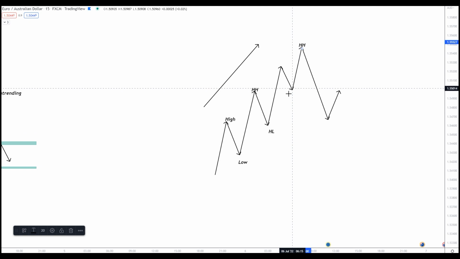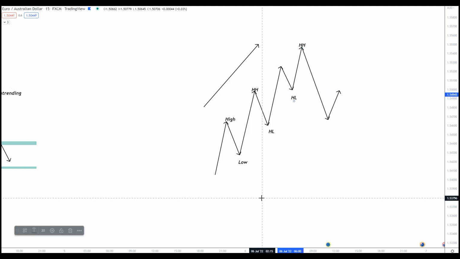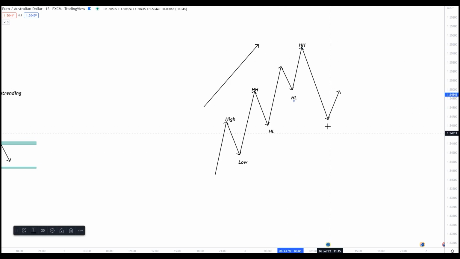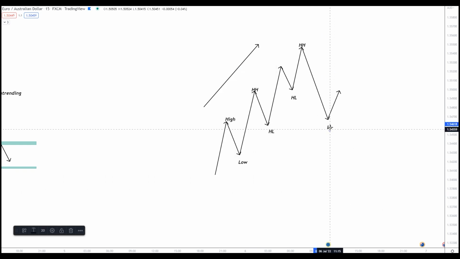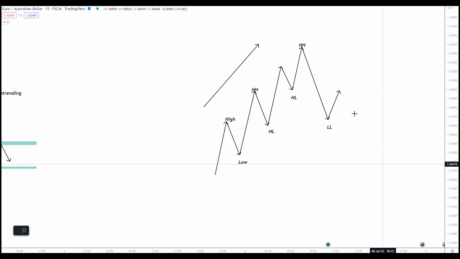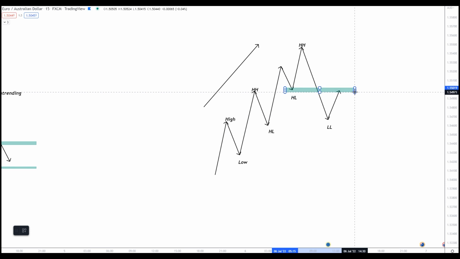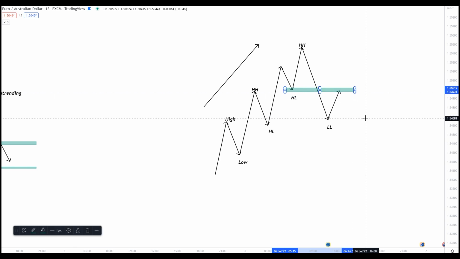Obviously, this here was a higher low, but now the higher low has turned into a lower low, because this low here is lower than the previous. Easy as that.